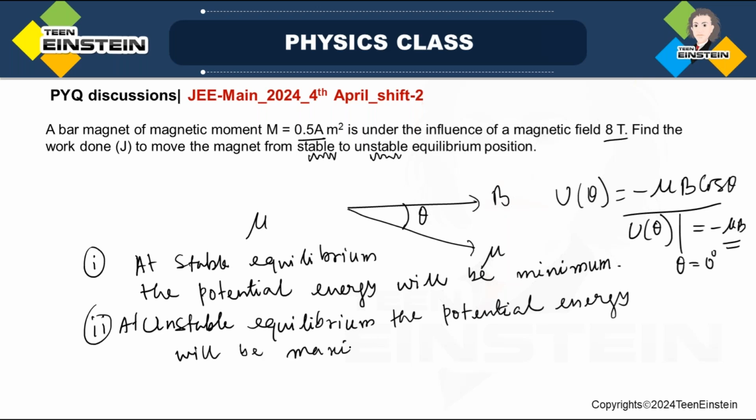Actually, total energy also I can say, but here I'm talking with respect to potential energy because there is very negligible kinetic energy, or maybe zero kinetic energy you can consider. Even if you rotate the dipole, the kinetic energy is not going to change. Only thing which is changing is the potential energy. So that's why I'm talking with respect to potential energy.